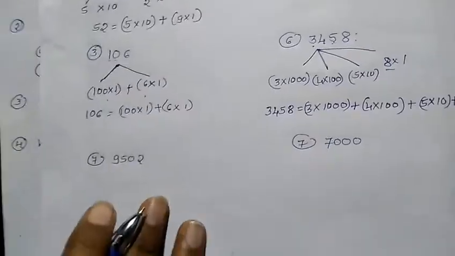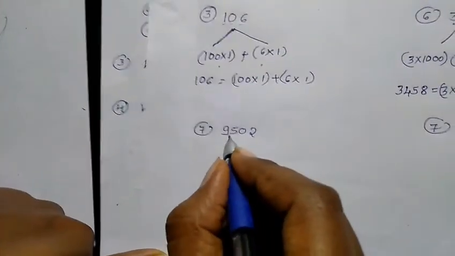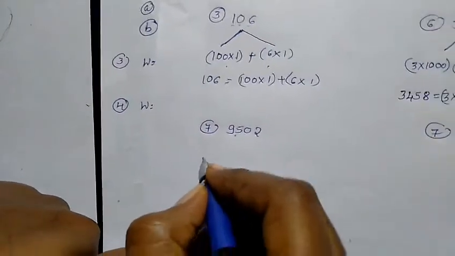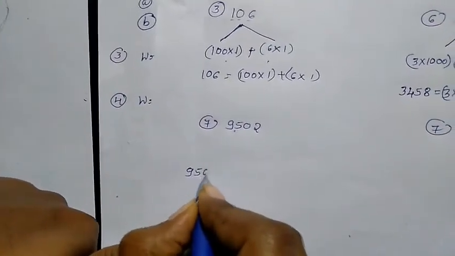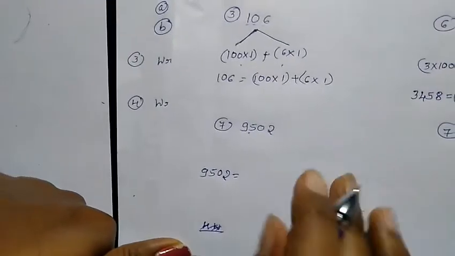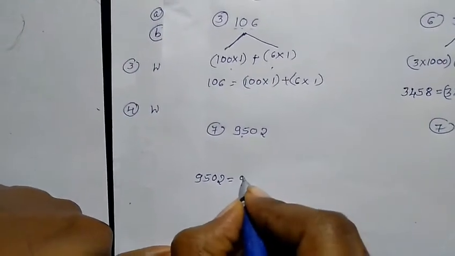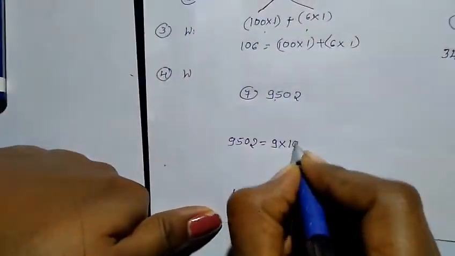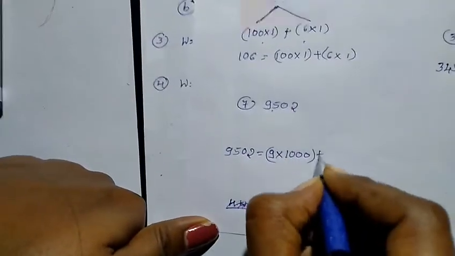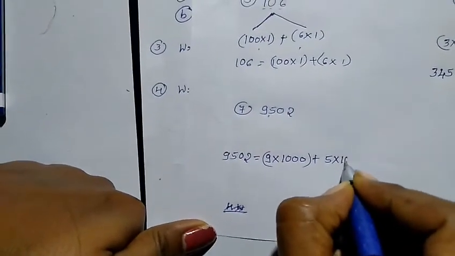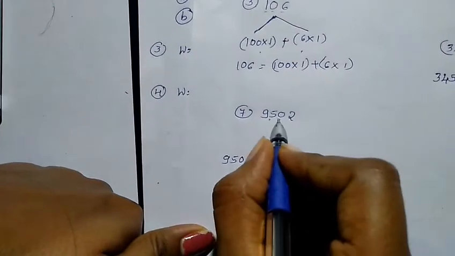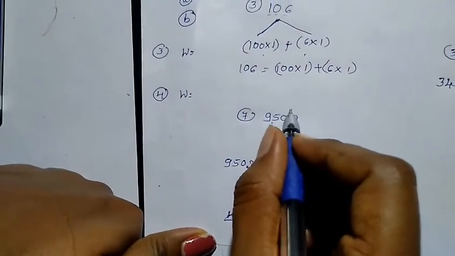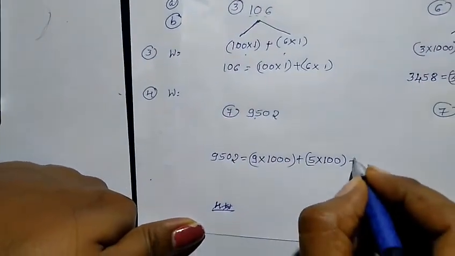Okay. The seventh one, 9502. So directly I write 9502. You try to solve this one. 9 into 1000 plus 5 into 100. So this is the 0, that means at 10th place there is a 0. If you do not write it, that is also fine.